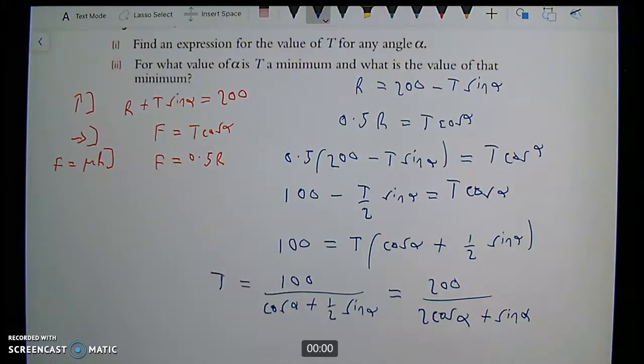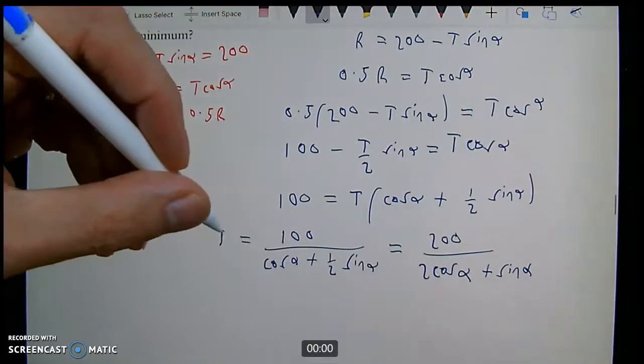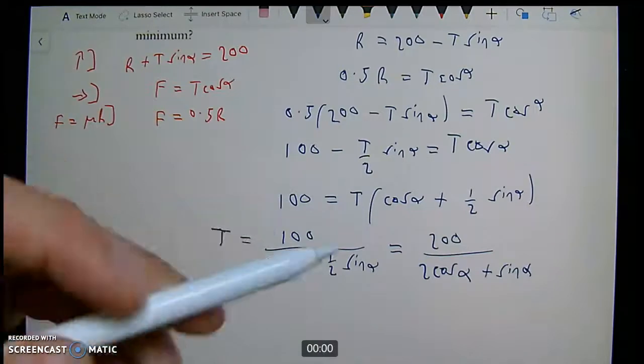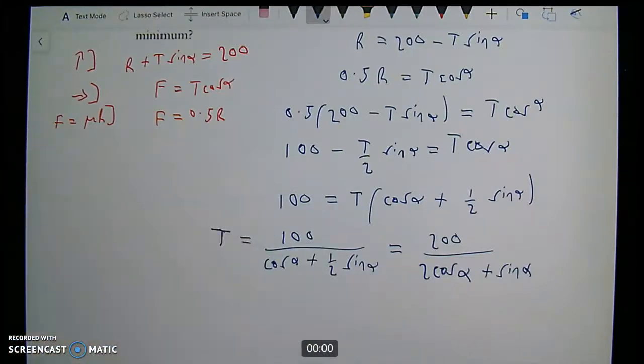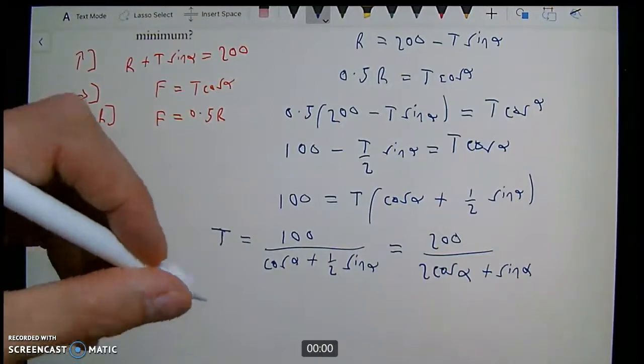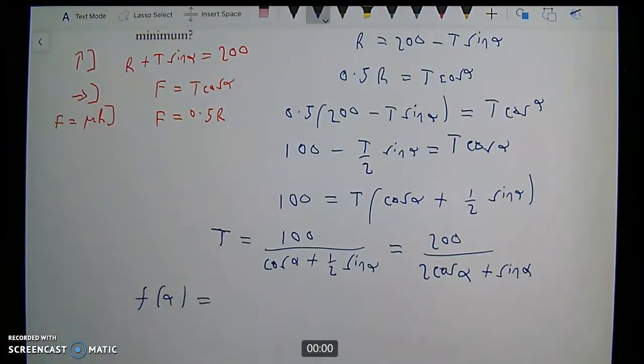And now for part 2, find the value of alpha for which t is a minimum. So in this case, what we're going to have to do is minimize this function. Now, if we notice, alpha only appears in the denominator of the expression.